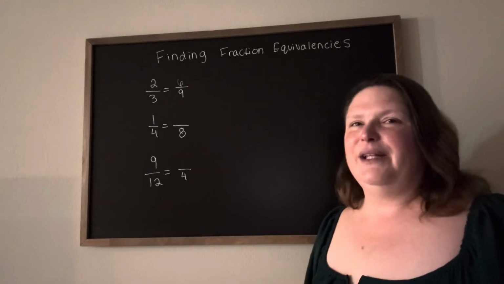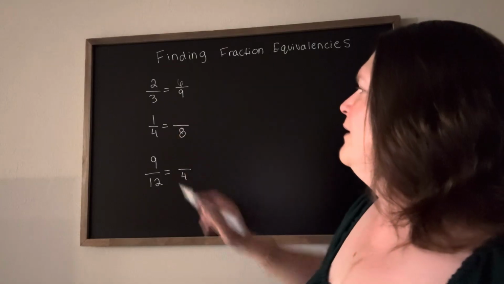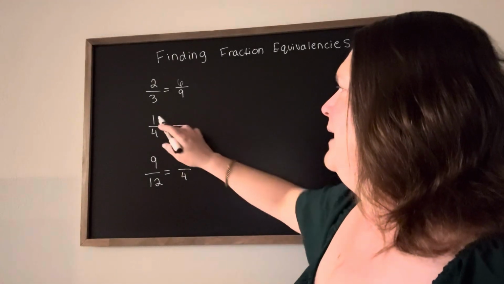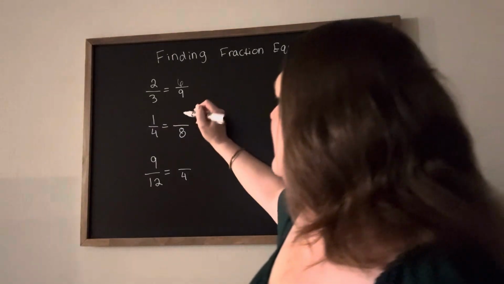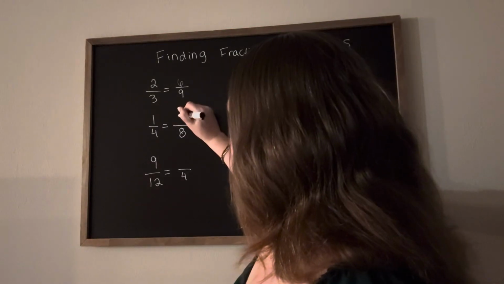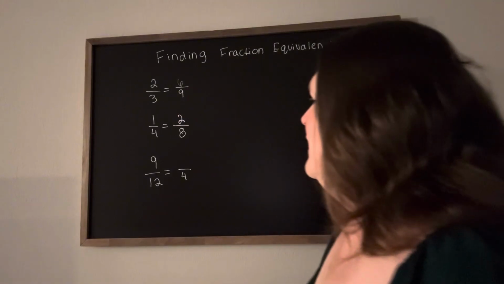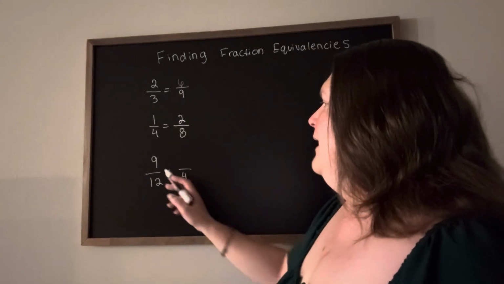Now, we can look at the next one, which is 1/4. We know that 4 times 2 equals 8, so 1 times 2 equals 2. So 1/4 equals 2/8.